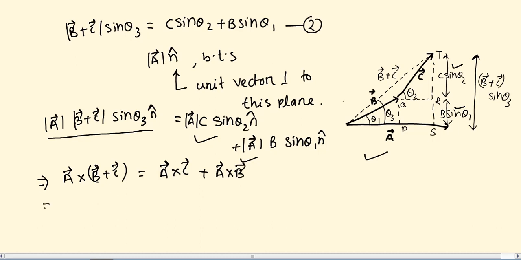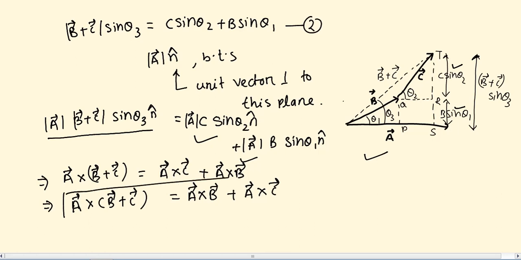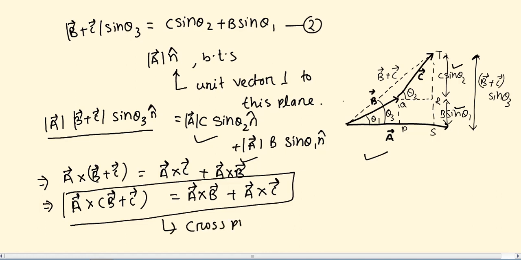So we can rearrange this equation like this: A vector cross B plus C vector equal to A vector cross B vector plus A vector cross C vector. So this is the final result, which shows the cross product is also distributive.